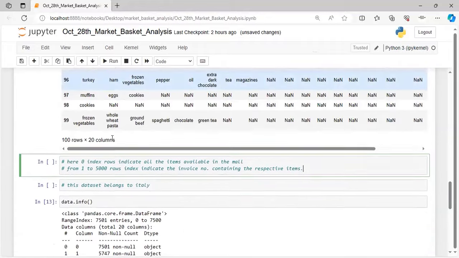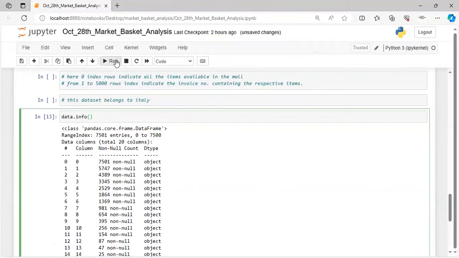Okay, no problem. Now these are all the items we have.